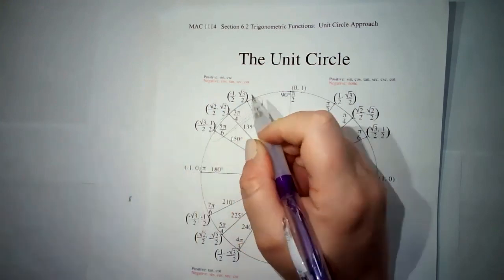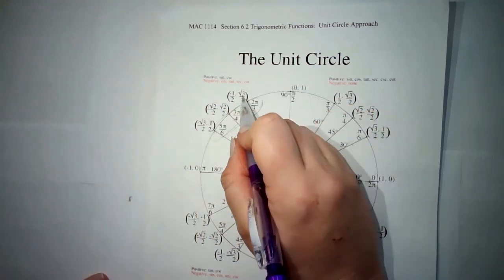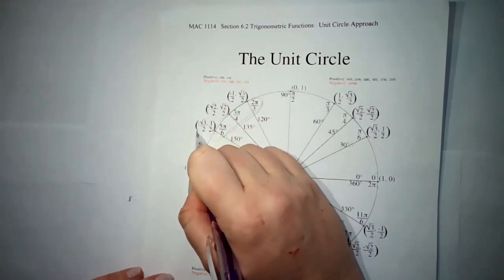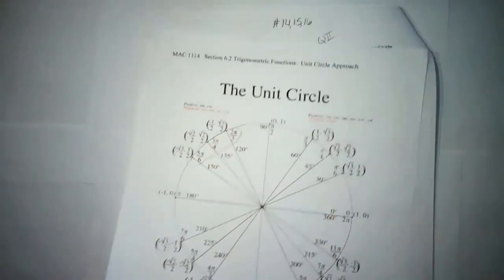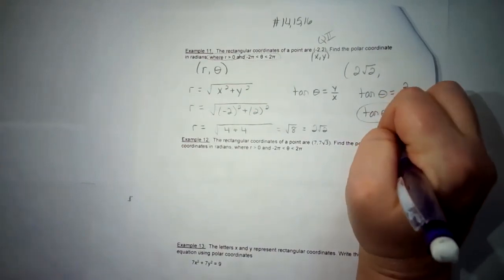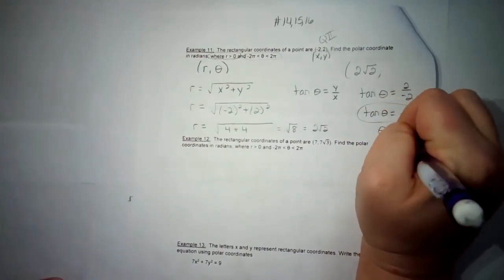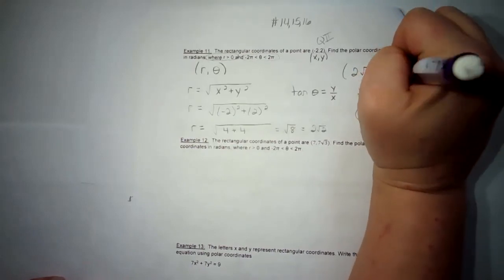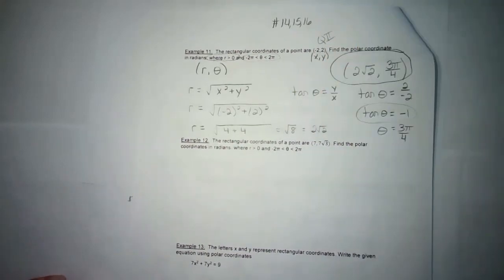Because remember, tangent is y over x. So it would be this over this, this over this, this over this. The only one that's going to give you a -1 is 3 pi over 4. So your polar coordinate is 2 root of 2, 3 pi over 4.